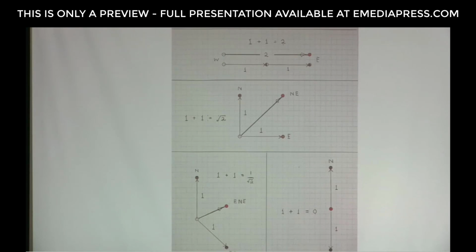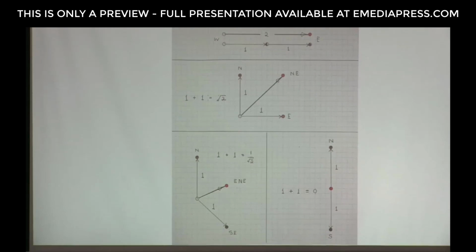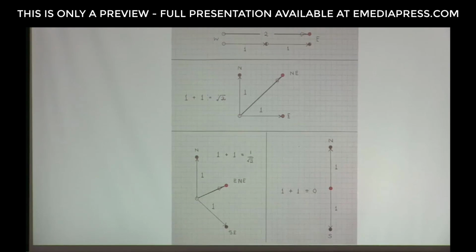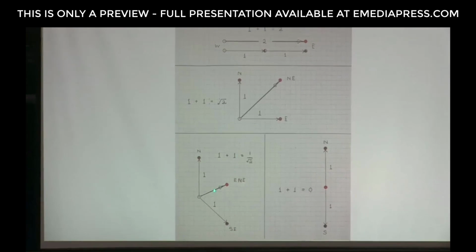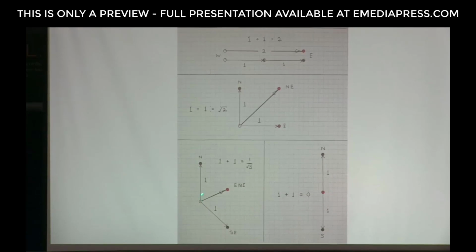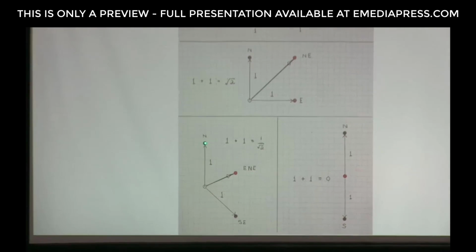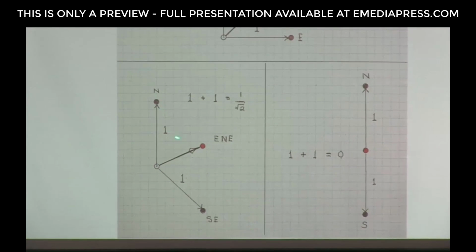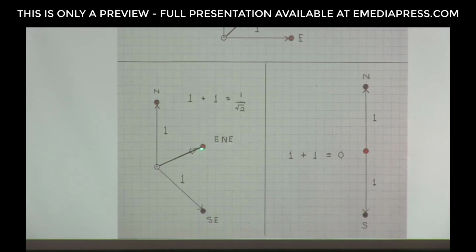And in this case, we're just dealing with more of a circular function type thing. So now we can do the same thing where 1 + 1 = the inverse of square root of 2, which is this case here, where if we go 1 mile north, and then in this form we go 1 mile this way, then we end up here.